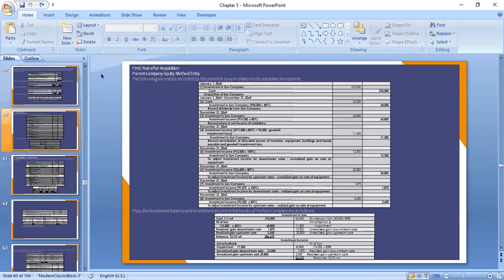Only 80% belongs to the parent. Now, if we recall, under the cost model, the entry is merely to debit cash and to credit dividend income. There are only two important entries in connection with the cost model.